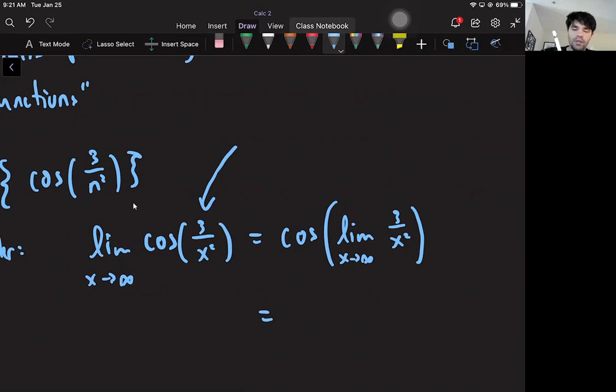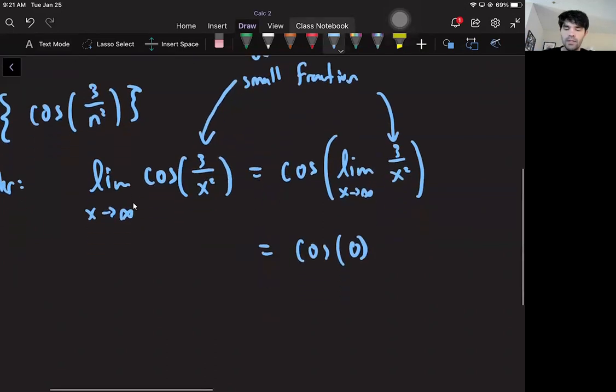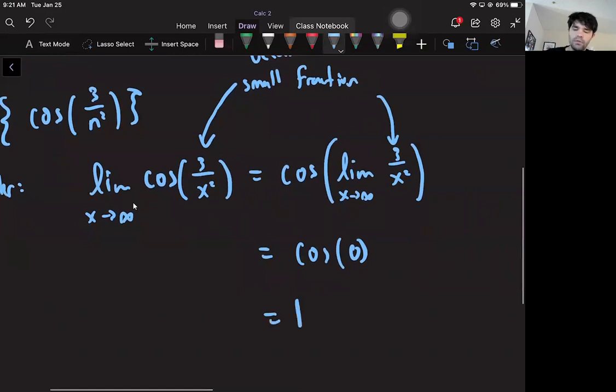So x goes to infinity, and x is on the bottom. So this is becoming a very small fraction. So it's really going towards 0. So then this is just cosine of 0, because that's what that limit is on the inside. And then cosine of 0 is 1.